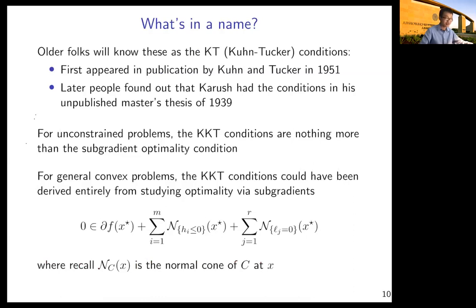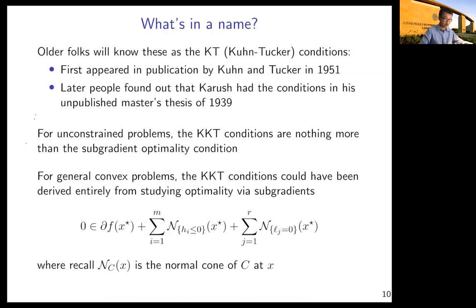There's a law called Stigler's law, which says that if some mathematical fact is named after a particular person, then with high probability that person is not really the original inventor or discoverer of this fact.